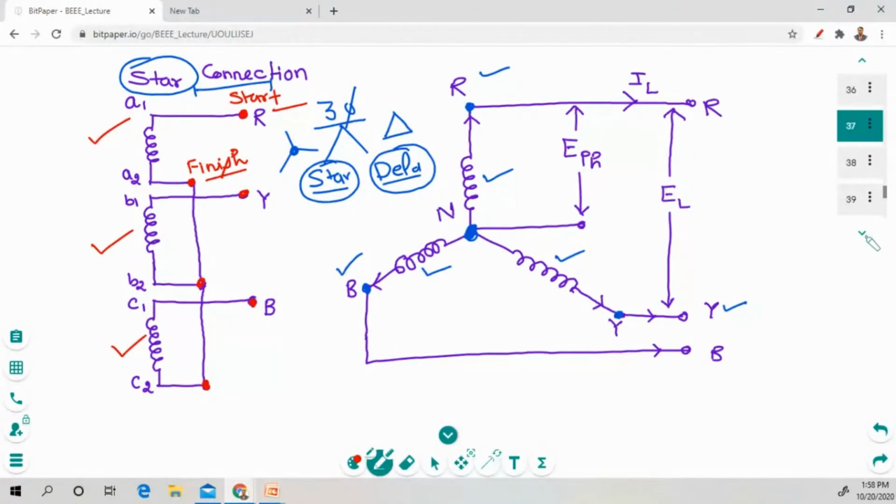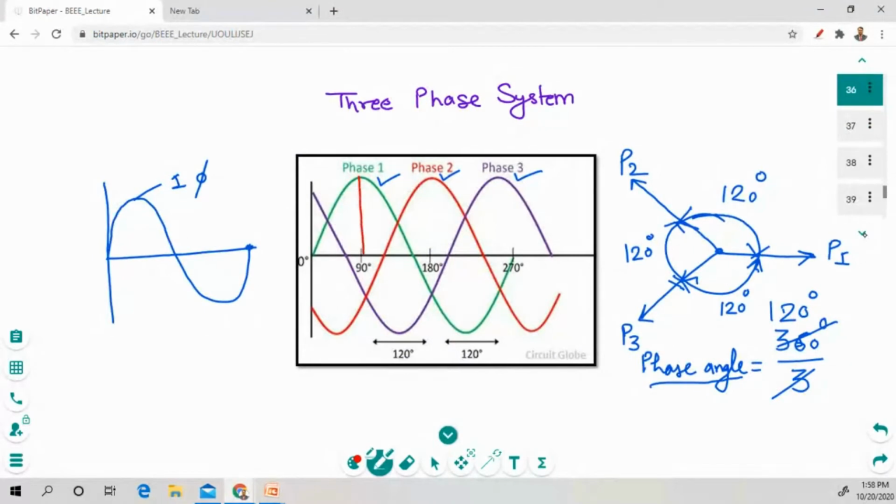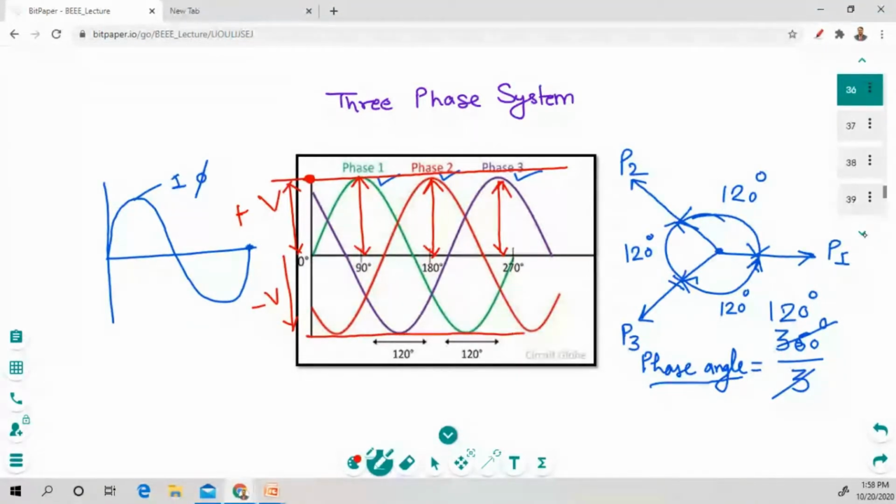This is some voltage, and all the voltages are somewhat the same. If we take the average, this is called the total voltage V. All the voltages are in plus or minus, so we take the average value for three-phase.